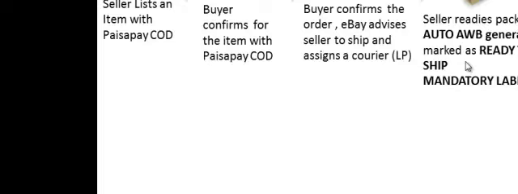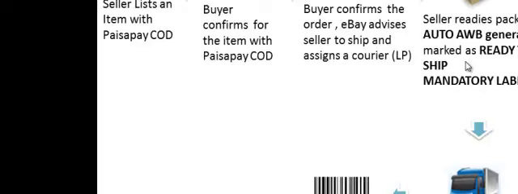Once seller has packed the item and printed the shipping label, eBay gets the intimation about the same. eBay then informs the logistic partner about the parcel to be picked up from the seller's location. The shipping label that is printed through eBay also has an auto-generated airway bill number which is scanned by the logistic partner when he picks up the item.